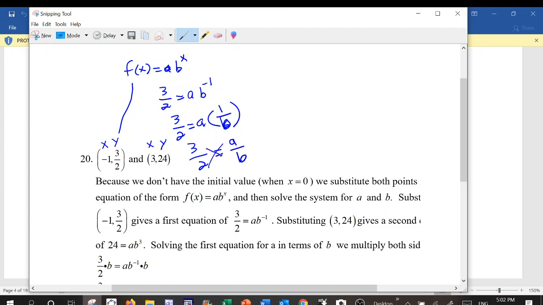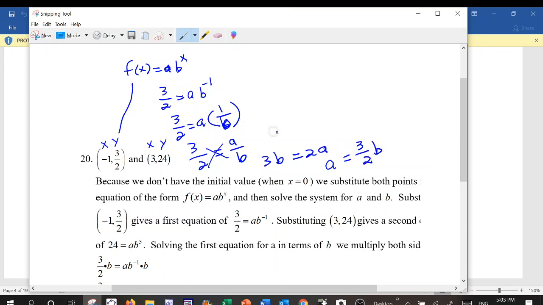If you cross multiply, it means 3b equals 2a. Or we can write b equals 2/3 a, or the other way around, doesn't matter. We can write a is 3/2 b.